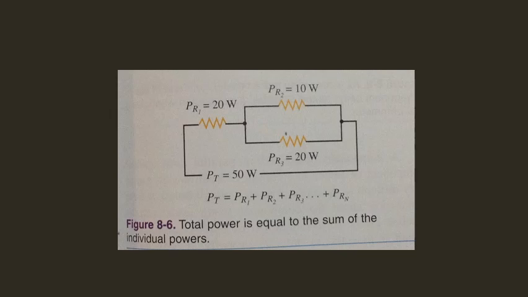These formulas can be used for each individual resistance or for the circuit as a whole. Total power in a combination circuit is equal to the sum of the individual wattages, regardless of whether they are connected in series or in parallel. Figure 8-6 illustrates how power is determined in a combination circuit.